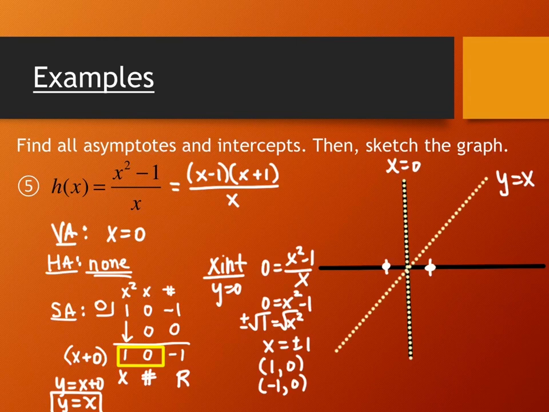What's going to happen if we try to find a y-intercept, that is, if we let x equal 0? There isn't any. There are a couple of ways you can think about that. Number one, you already have an asymptote there, so you're not going to have an intercept. If you didn't recognize it right off the bat, and you just try to plug in 0, what would happen in this equation if you plugged in 0 for x?